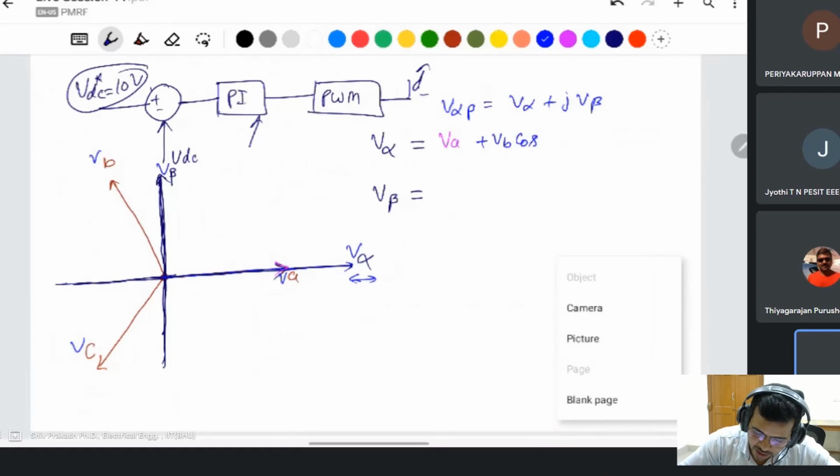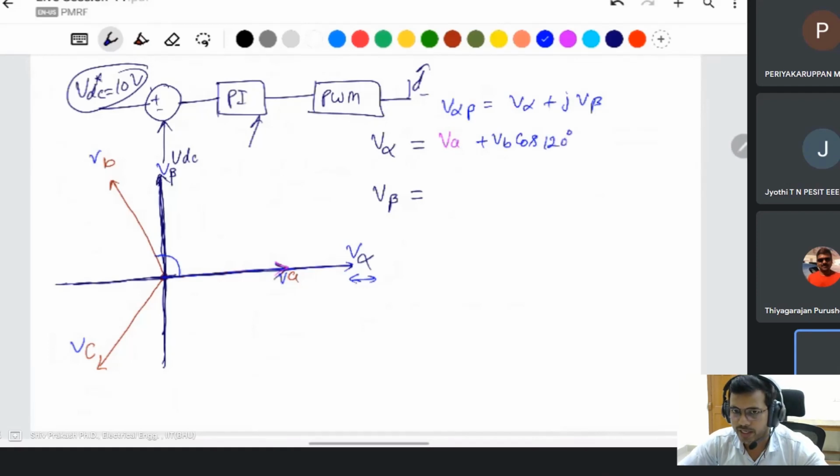Then what is the angle difference between them? This angle will be 120 degrees, so simply apply 120 degrees.